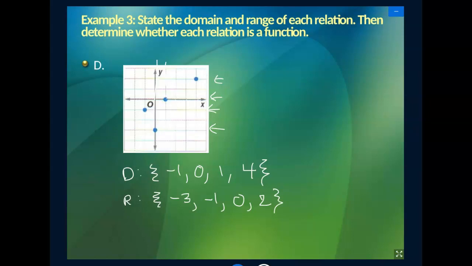Were there any blue dots that sat like on top? So here, if there's a blue dot there and a blue dot here, that would not be a function because there would be a repeated x. But since that's not the case, this is a function.